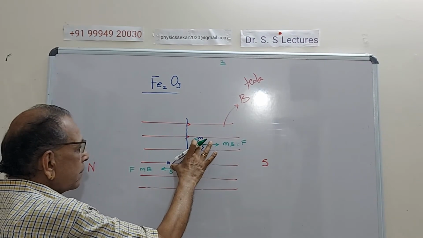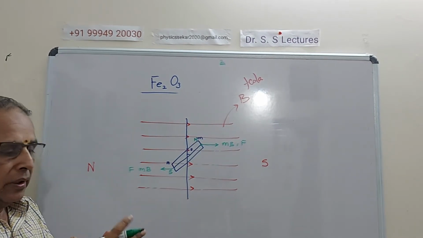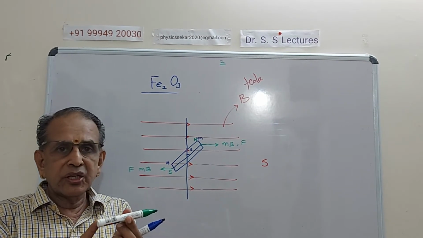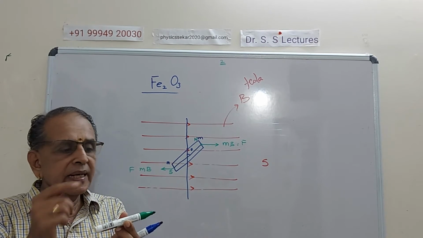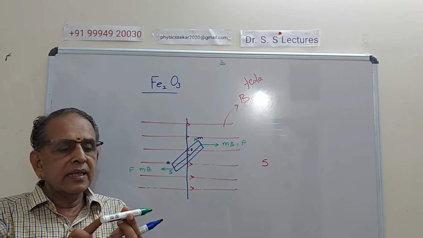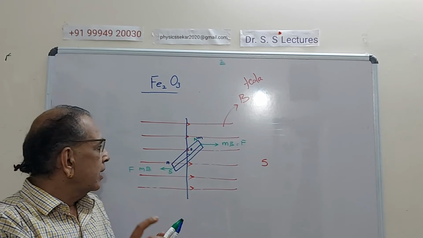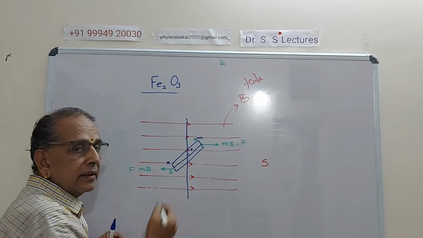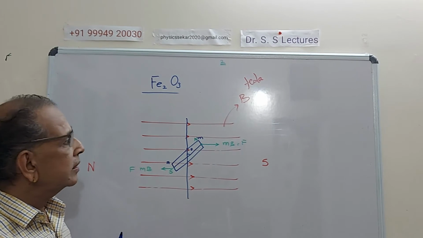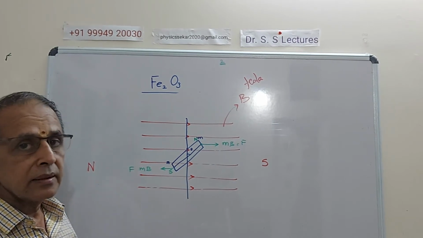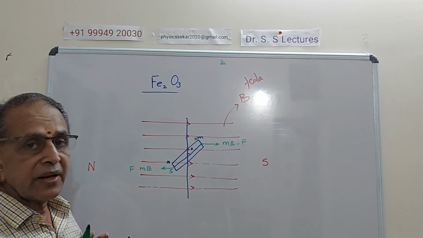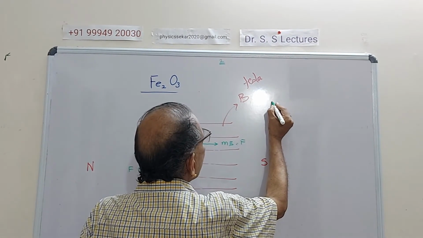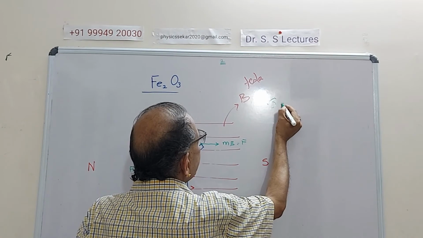So this body is now, you see, if I have a structure like that, one force repelling here, one force attracting, this body is turning. That means this will have a moment. What is that moment? That's the torque, rotating force.